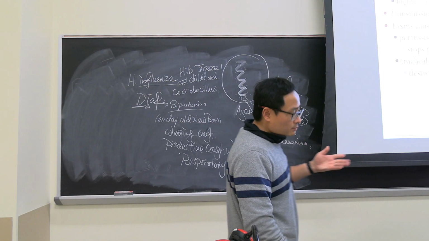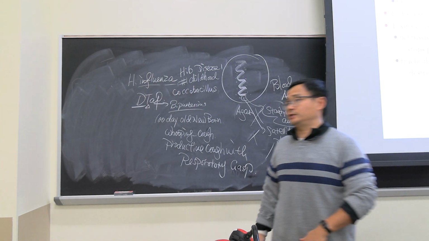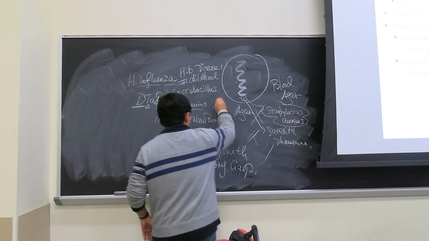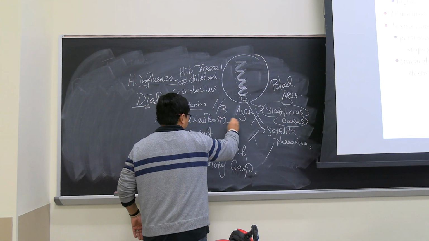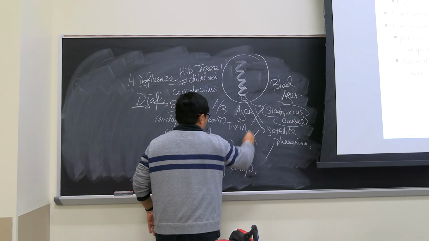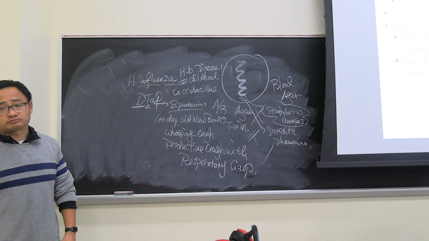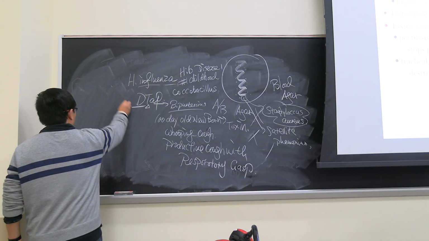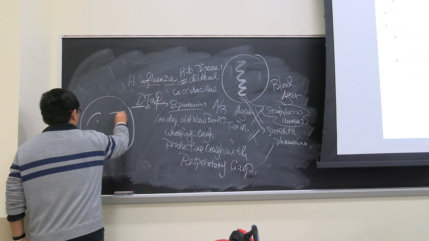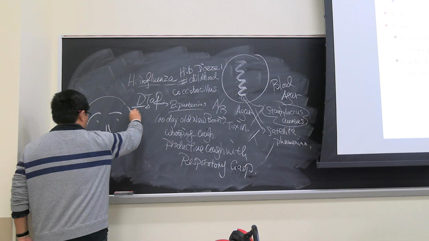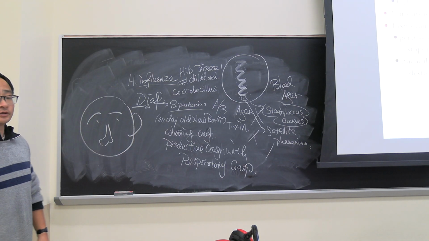It's very similar to Corynebacterium diphtheriae. It's a coccobacillus. It's an AB toxin. But the diagnosis is very interesting. Okay, we want to talk about that. How do you do the diagnosis?